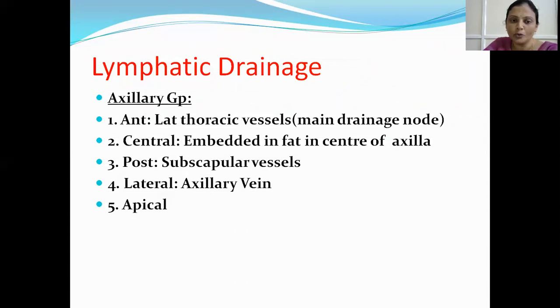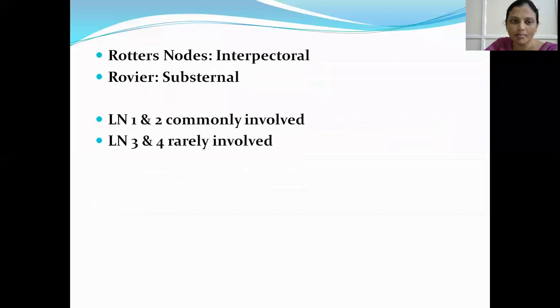The posterior group of lymph nodes lies along the subscapular vessels, then the lateral group along the axillary vein, and the apical group. What are Rotter's nodes? These are nothing but interpectoral nodes, between the pectoralis major and minor. Rotunda nodes means substernal lymph nodes.